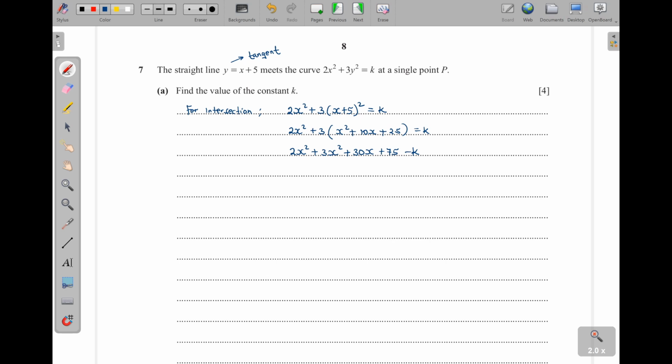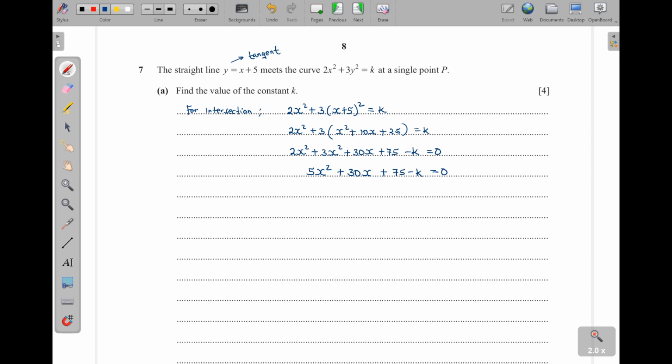Then we shall subtract the k, then it's equal to 0, such that we get a quadratic equation that comes from these two that are intersecting. So 2x squared plus 3x squared, this one gives us 5x squared, and then we have 30x, then plus the 75 minus k, which is equal to 0.